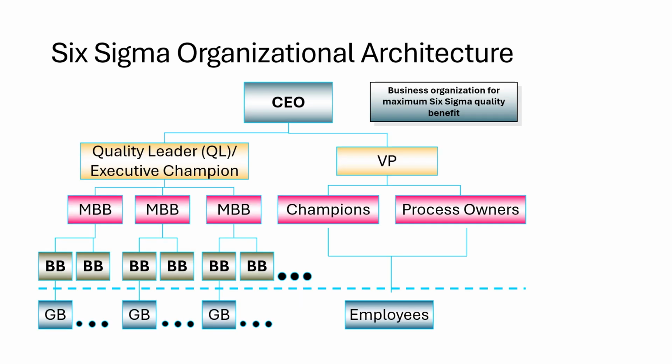Six Sigma organizational architecture. First, we have the CEO. And next to it is the business organization for maximum Six Sigma quality benefit. So underneath the CEO, you've got the quality leader, also known as QL or executive champion. They're championing it. They're like the cheerleaders.